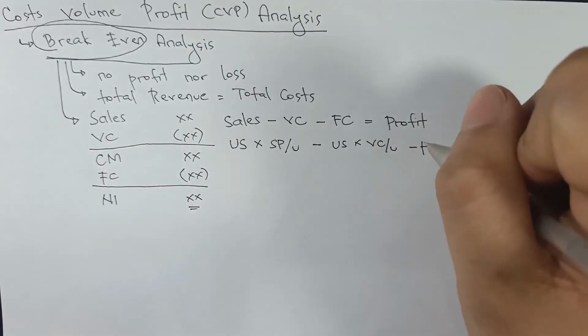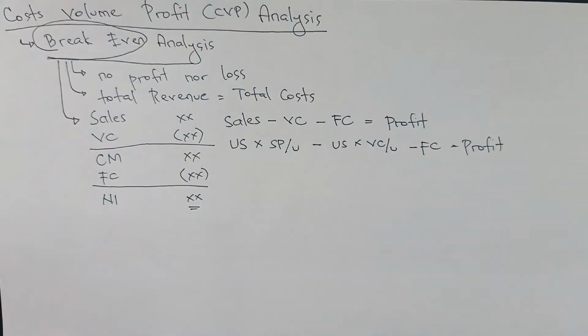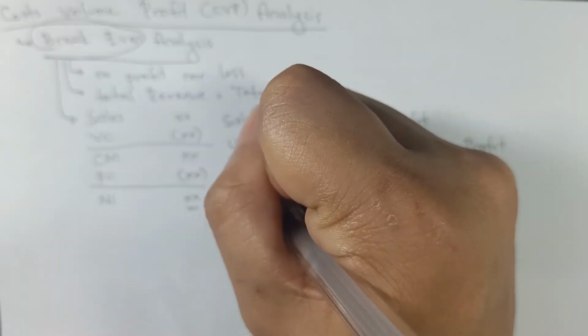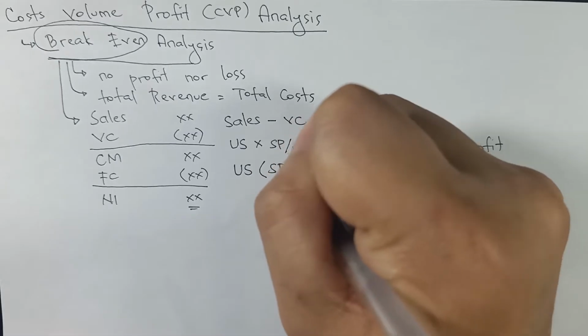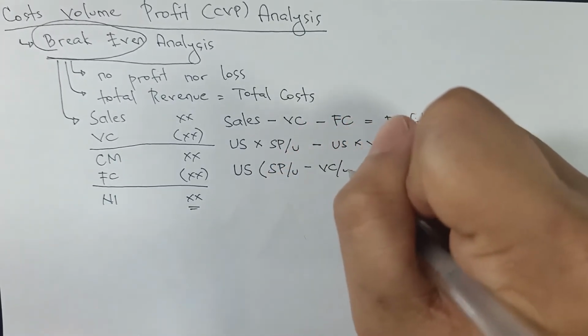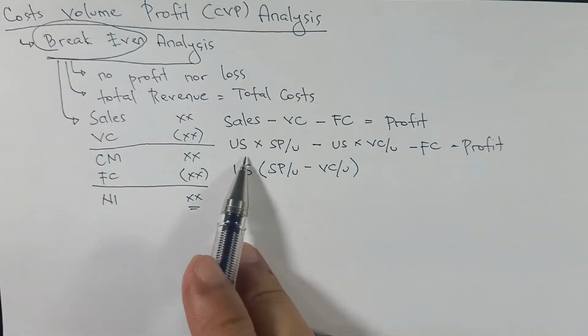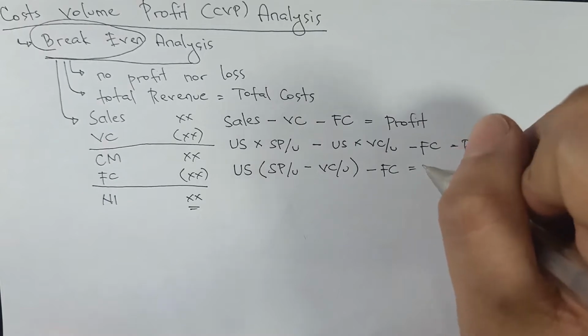And then, minus fixed cost is equal to the profit. So, pareho silang may units sold. Tama ba? So, ilabas natin yung units sold na yon. So, units sold times selling price per unit minus the variable cost per unit. So, nilabas ko yung units sold sa dalawa. And then, minus fixed cost is equal to profit.